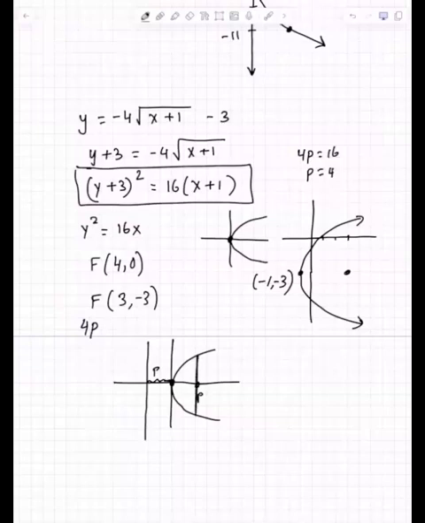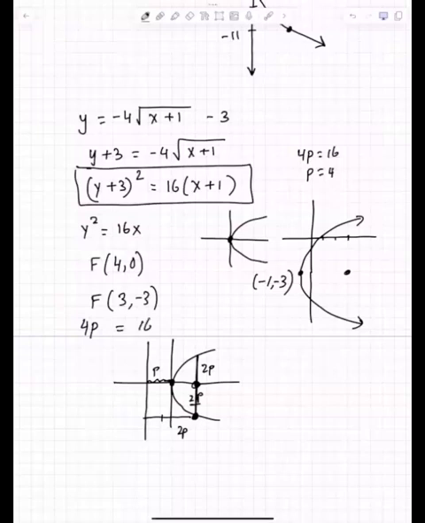So here the distance to the directrix is 2p. So this is 2p because that's a definition of parabola, distance from a point on the parabola to the directrix and the point on the parabola to the focus is the same distance. So this is also 2p. So 4p, that is p was 4, so that's 16.